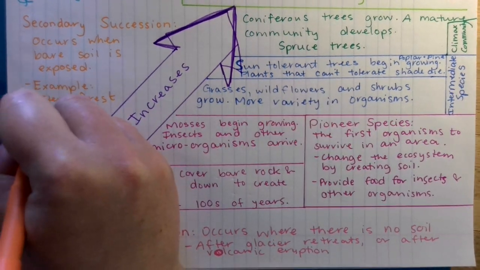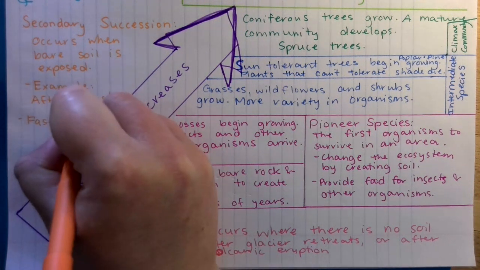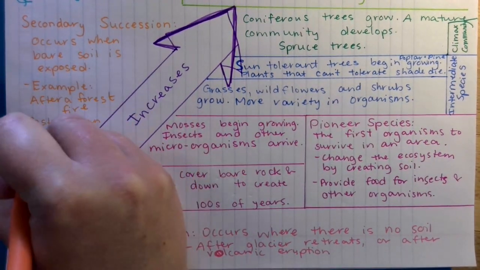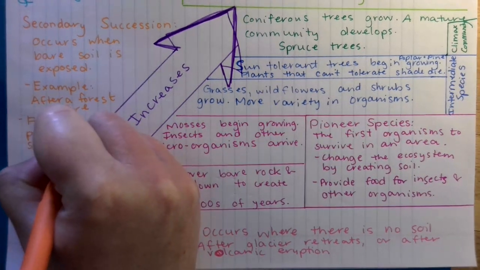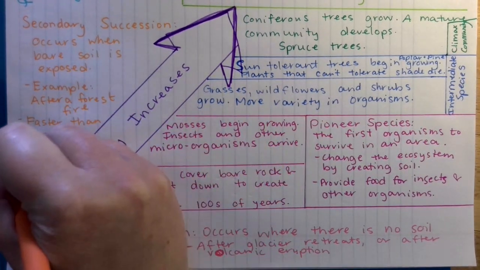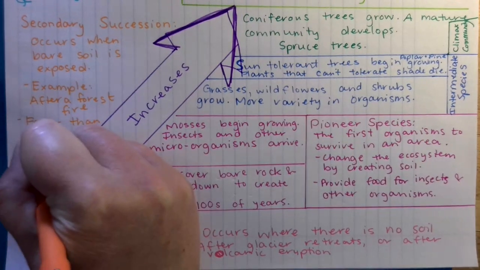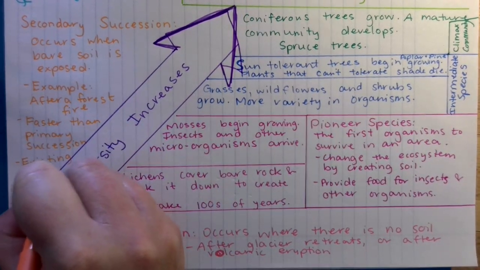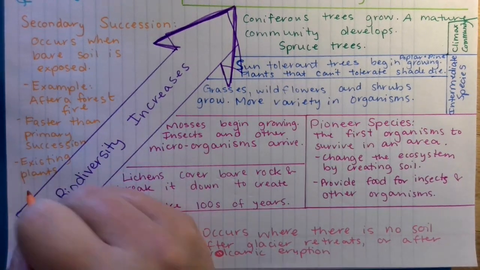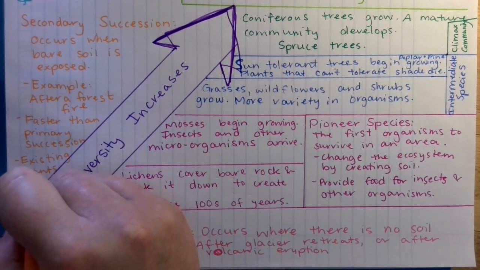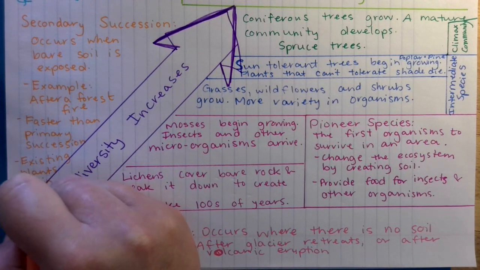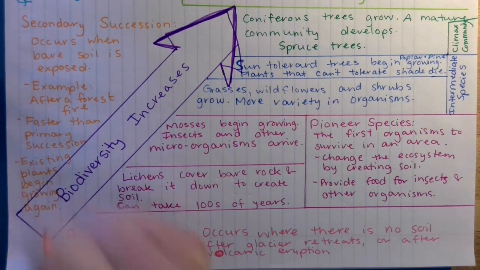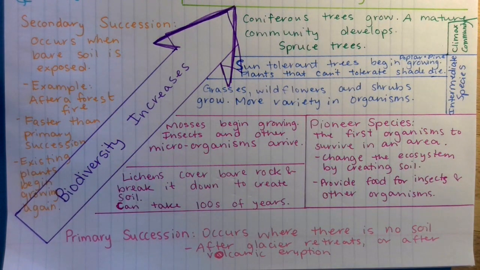It is faster than primary succession. The existing plants begin growing again. Sorry, that's kind of squished in there.